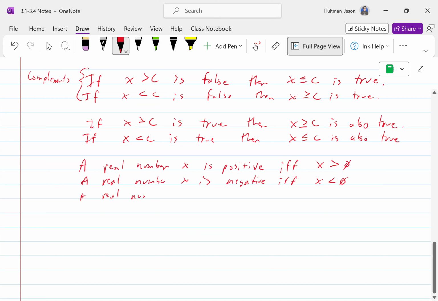A real number x is non-positive, so not positive, would be either equal to 0 or less than 0, if and only if x is less than or equal to 0. And a real number x is non-negative if and only if x is greater than or equal to 0.